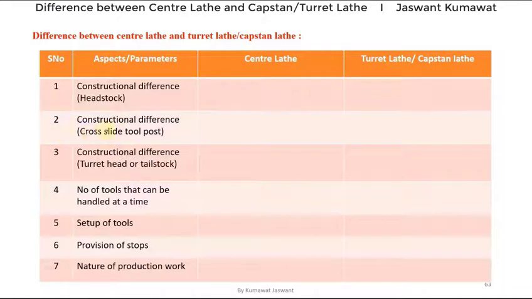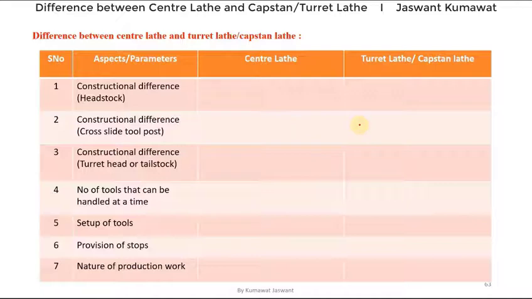Now second is the constructional difference based on cross slide tool post. Both the center lathe and capstan lathe are equipped with reach over type carriage, that is, conventional type carriage, and the turret lathe may be equipped with side hung type carriage. But the tool post on the center lathe is a single way tool post, so we can only mount one tool at a time.